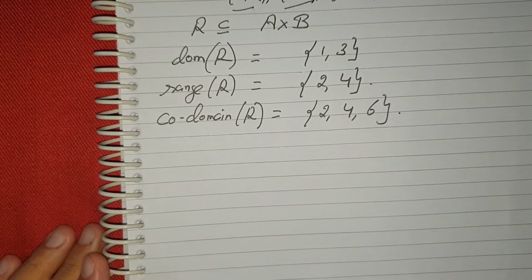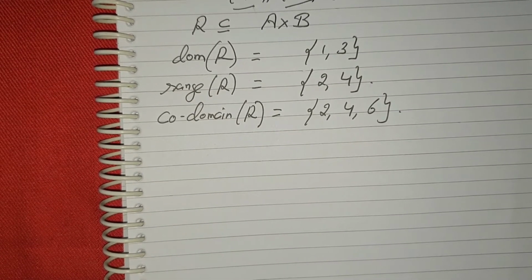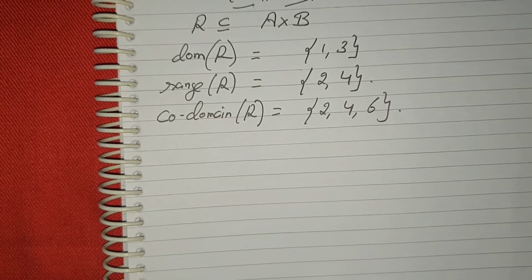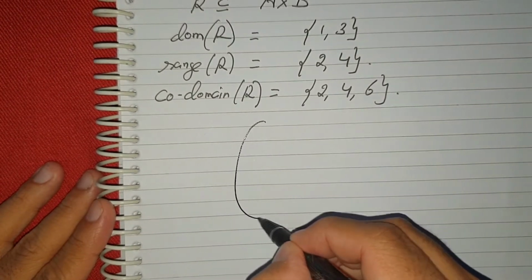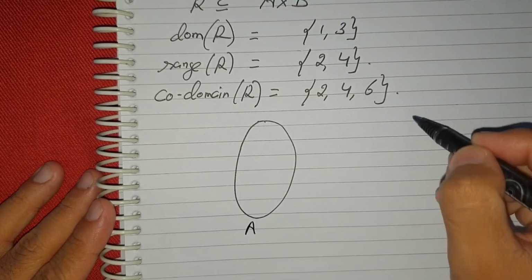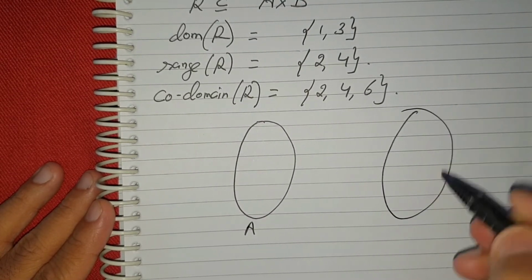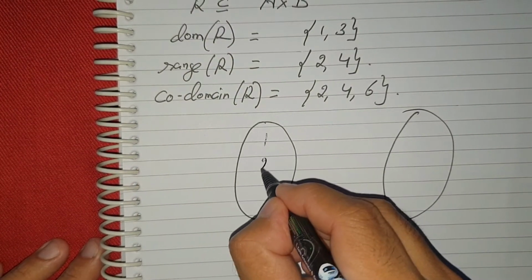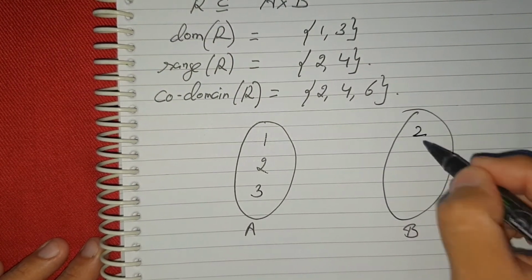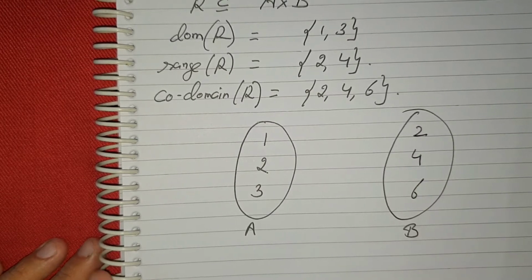For the arrow diagram, as you know, we draw two bounded figures to denote A and B. So this is A, this is B. Now A is {1, 2, 3}, B is {2, 4, 6}.